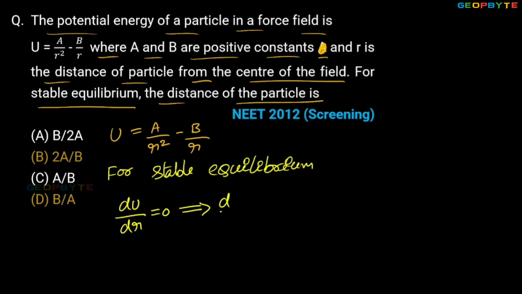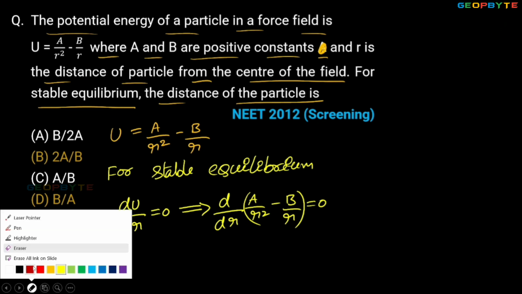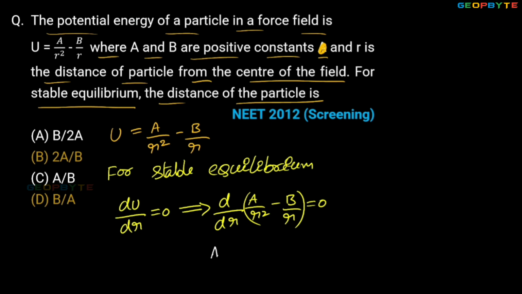From that, I can write d by dr of A by r square minus B by r is equal to 0. Simplify it. Then it is A into minus 2 r power minus 3, simple mathematics, minus B into minus 1 into r power minus 2 is equal to 0.